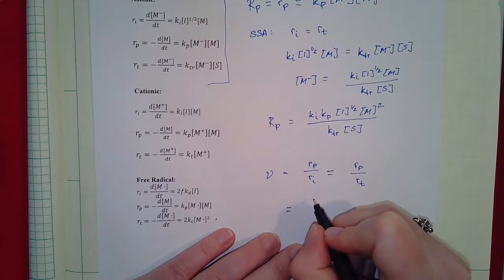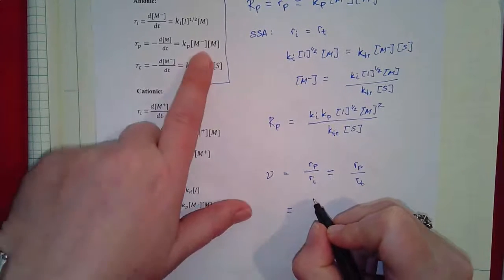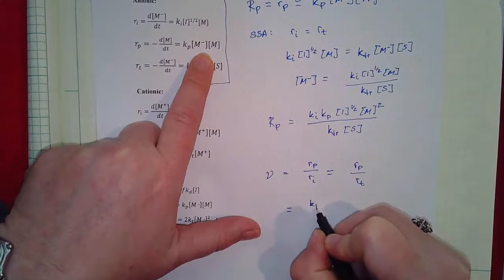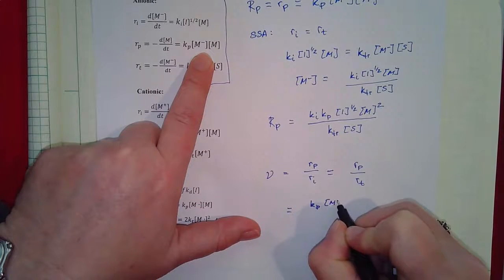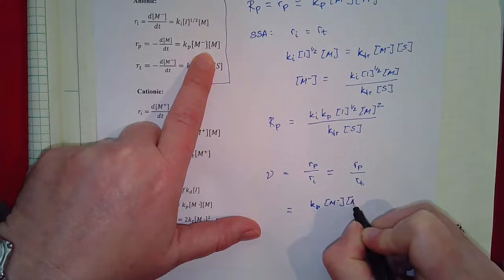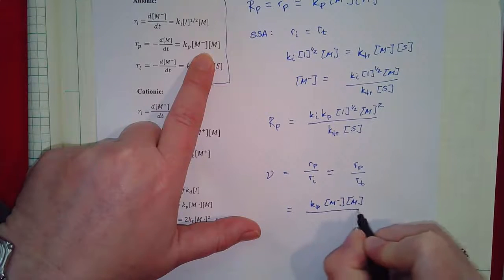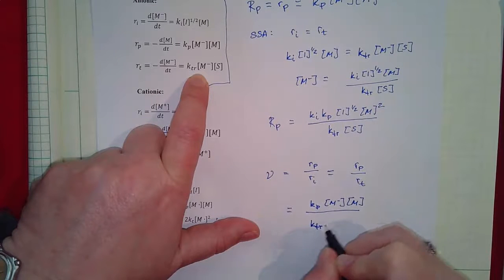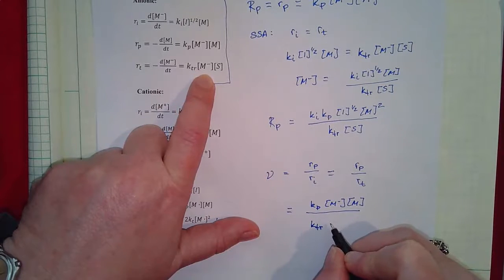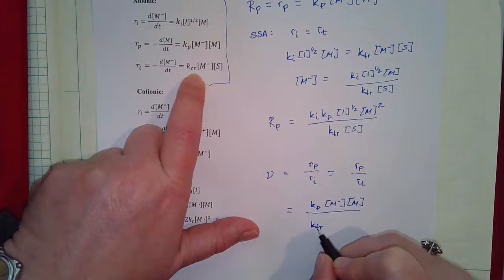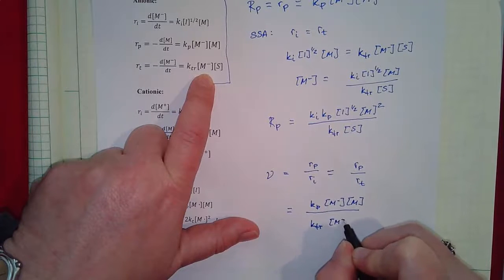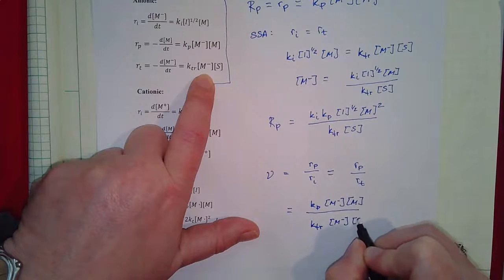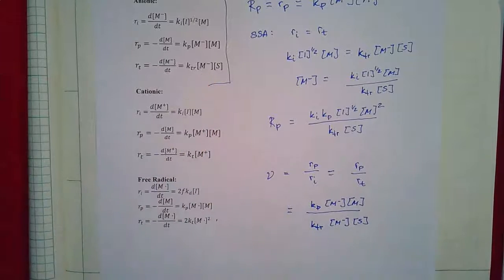So I have right here Kp times the anion concentration times the monomer concentration, divided by the rate of termination, KTR, anion concentration times the solvent concentration.